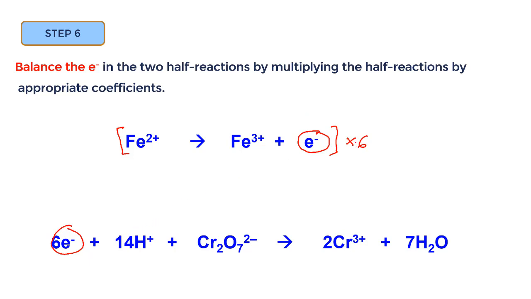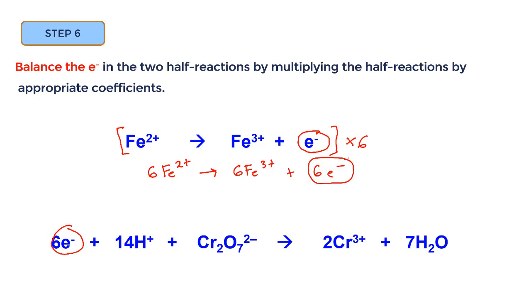So 6 is multiplied to the whole oxidation half equation. Therefore, I will write the new equation: 6 mole of iron 2 plus converted to 6 mole of iron 3 plus plus 6 mole of electron. You can see the electrons are balanced for both half equations. Alright? Okay.